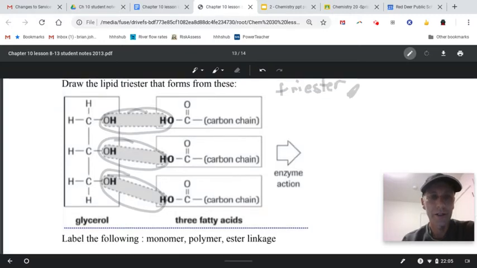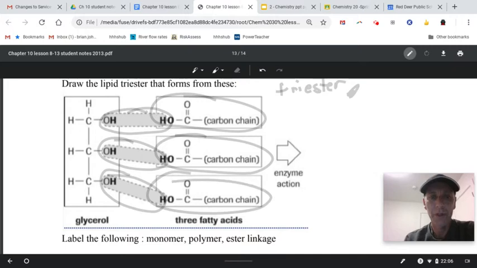And it says down here, label the monomer. Okay, so the monomers on this are a little tricky. Your monomer is going to be a fatty acid right there. 1, 2, 3 monomers. Your polymer is going to be this whole thing joined together, and I'll show you the ester linkage. So it's going to look like this. And I'm not going to label all the hydrogens.